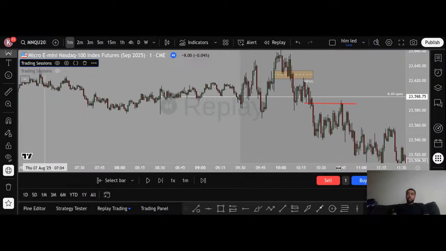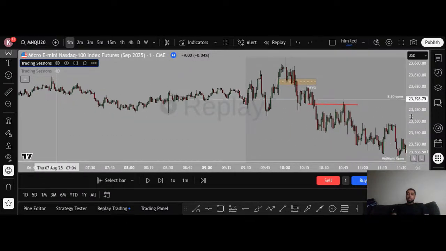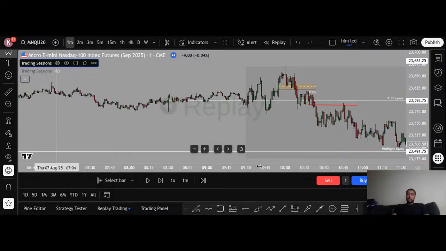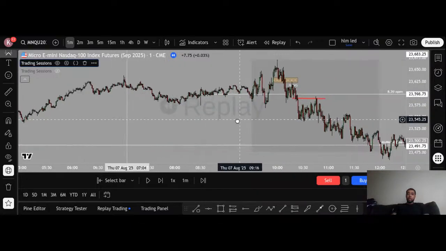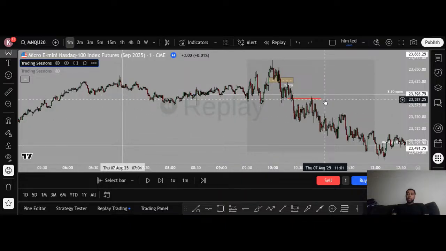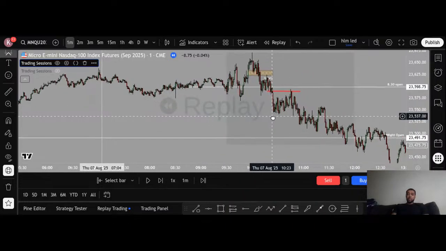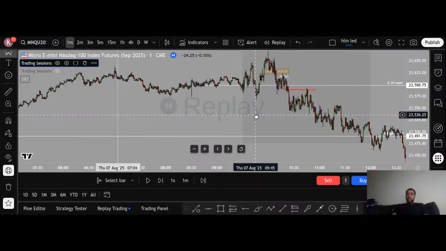So Thursday was kind of more challenging. But remember, if you're targeting, so now you're looking, okay, where's midnight open? Midnight open is below us. We're literally at 8:30 open. So as you see here, tough for the morning, and it's not really super clean. So this was a day that was definitely more challenging.